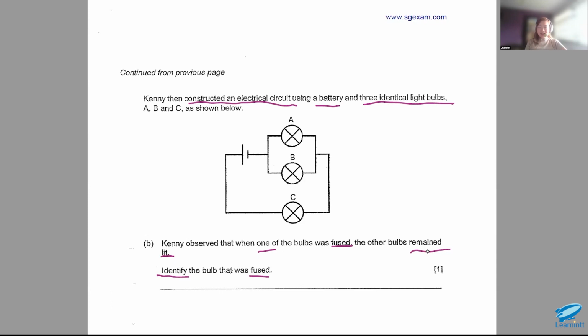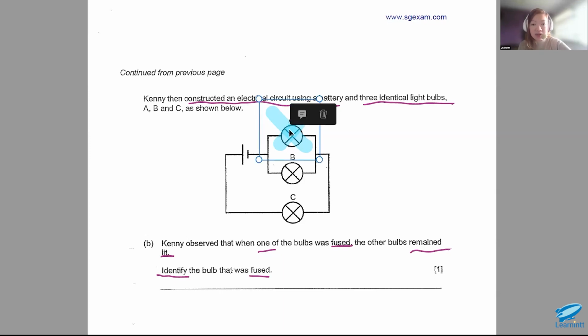Now for questions like this, you have to use the trial and error method. How to do it? Watch carefully. I'm going to try out A as the bulb that is fused. So I'm going to cancel it out. Since it is fused, electricity will not be able to pass through A. So how will the path of electricity look?